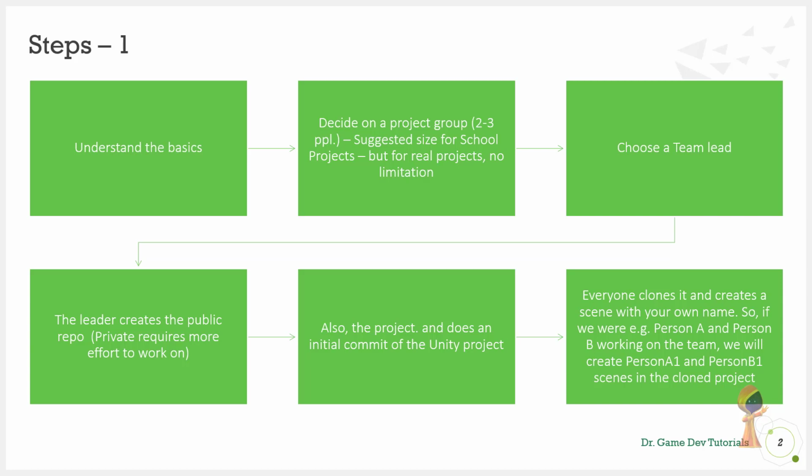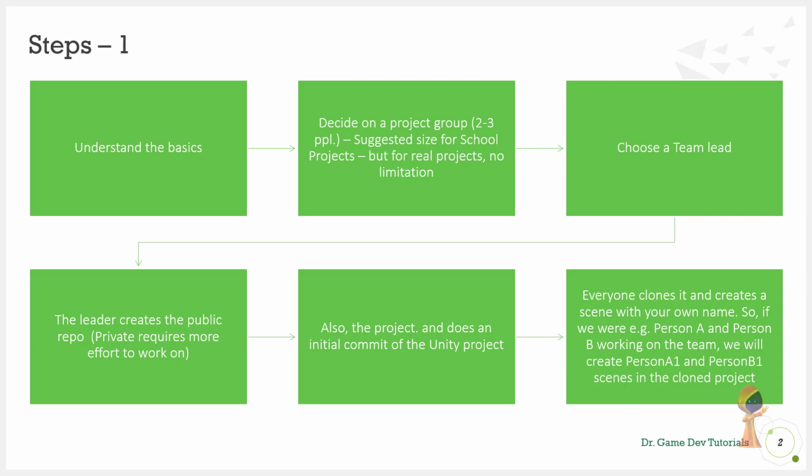The team lead is going to create a public repo and then do an initial commit, set up the project, commit to the master, and say this is something that he or she wants you to clone. So now you're going to get the URL, clone the project on your machine, and start working.